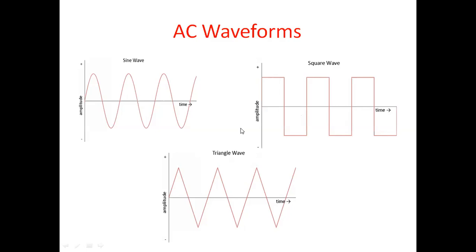And the triangle waves, or triangular waveforms, are found in sound synthesis and are useful for testing linear electronics like amplifier circuits or amplifiers. So these are the different types of AC waveforms.